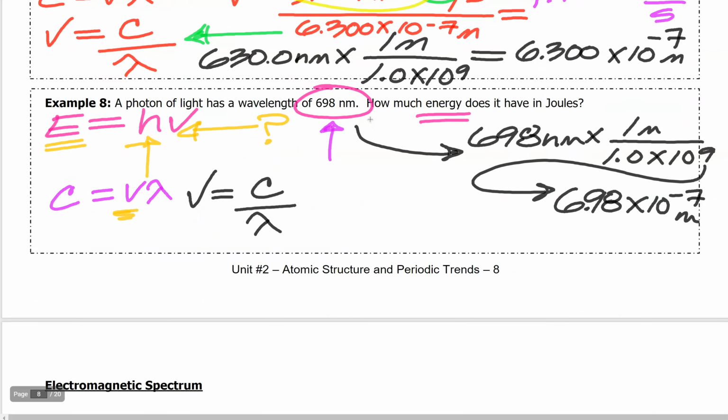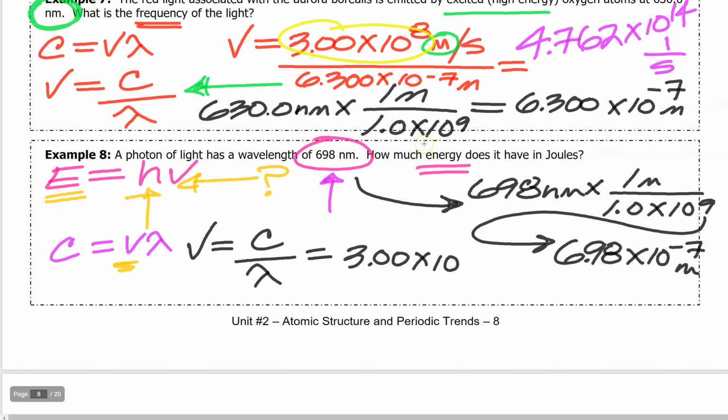We can put our 3.00. It's the same as we did up here, right? Let me get a little bit more space. Looks like I'm going to run out of space here.